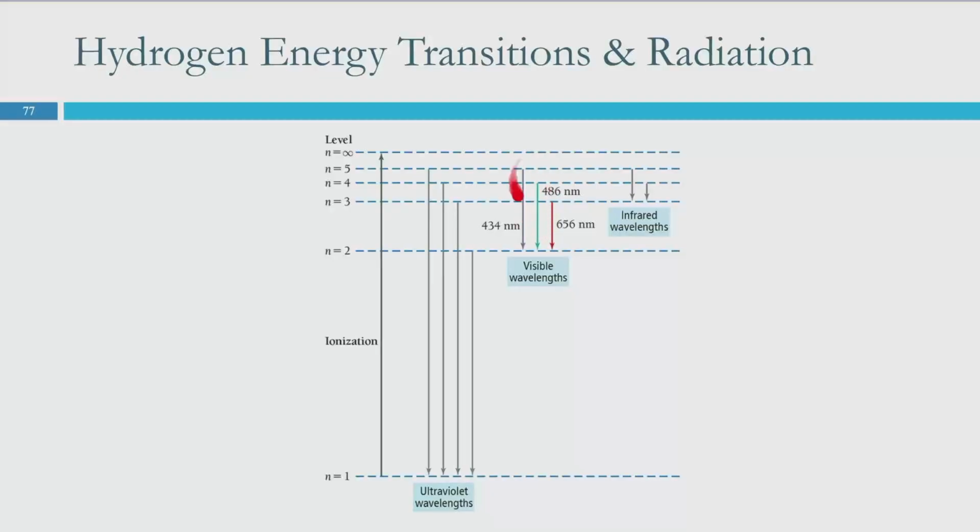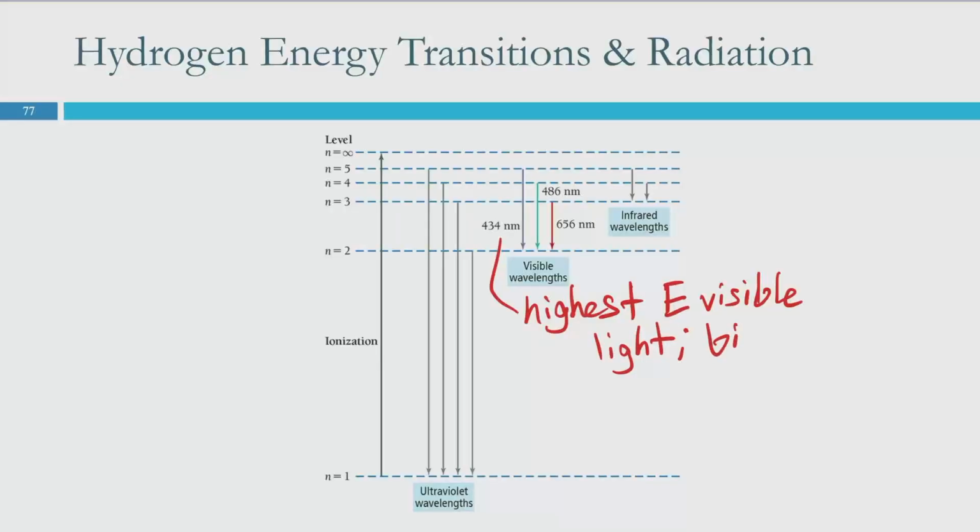We can, however, see some of these lower energy transitions like n equals 5 to n equals 2. That would be our violet light. That's the biggest jump, and so it has the highest energy change. And violet, with a short wavelength, has high energy. So that's got the biggest jump distance.